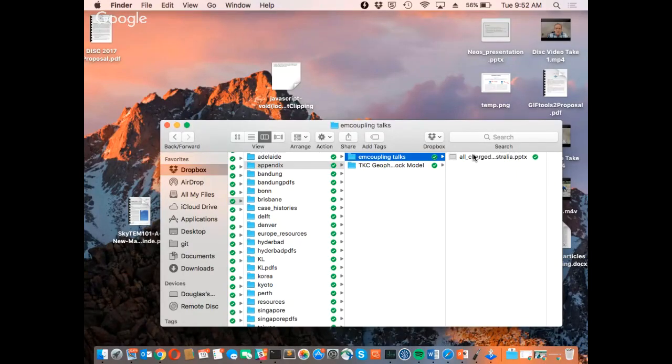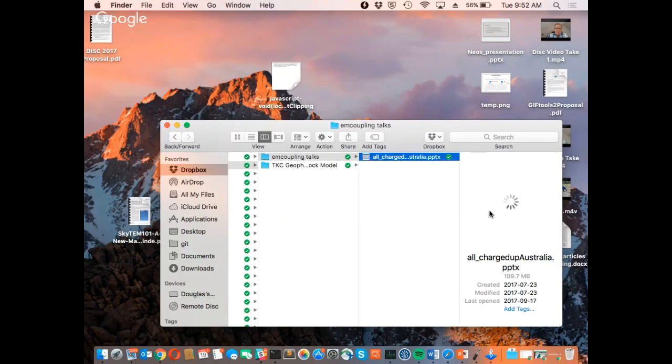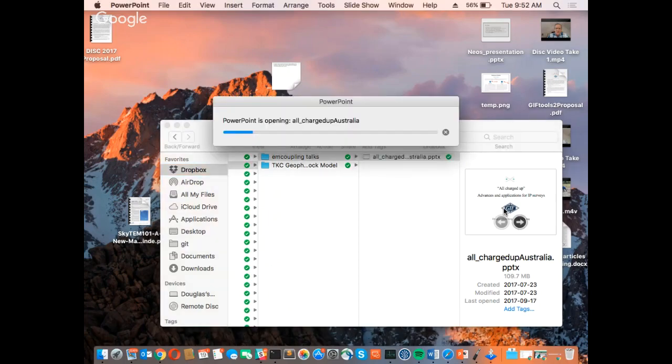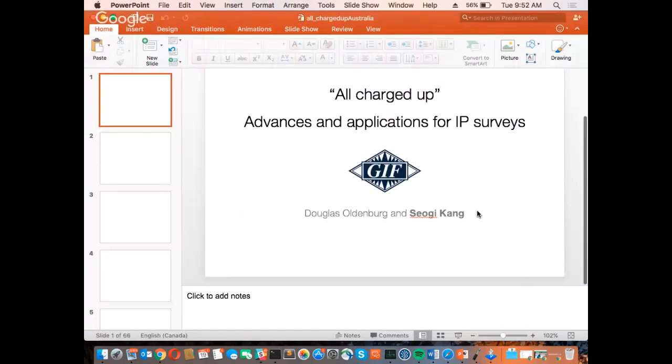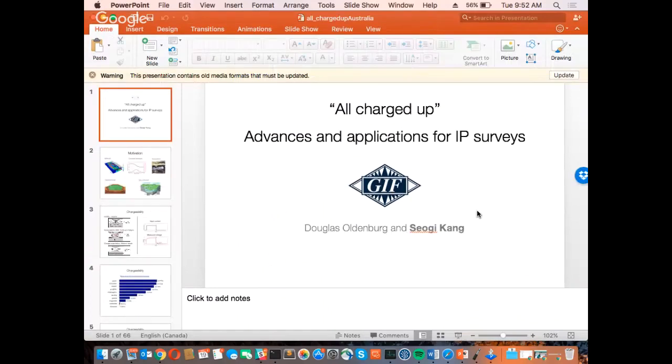So if you've got really high frequency IP effects coming in, then this might work. We'll flip through this and stop where things are interesting. Some of this is a repeat from yesterday, so I can just flip through the slides.